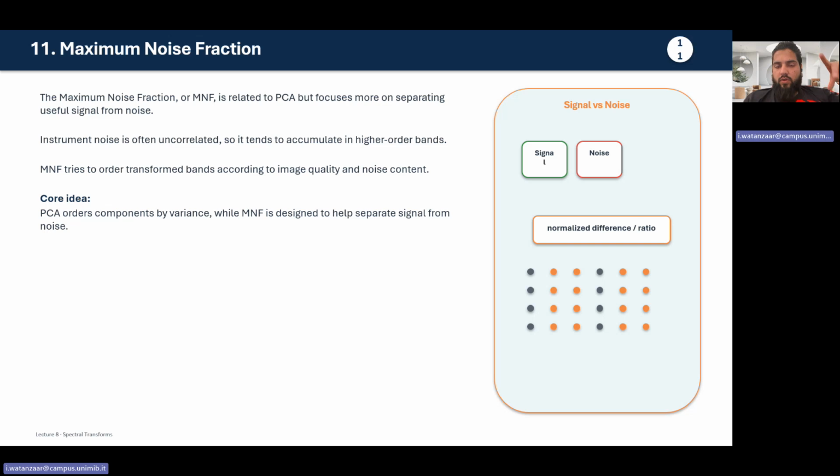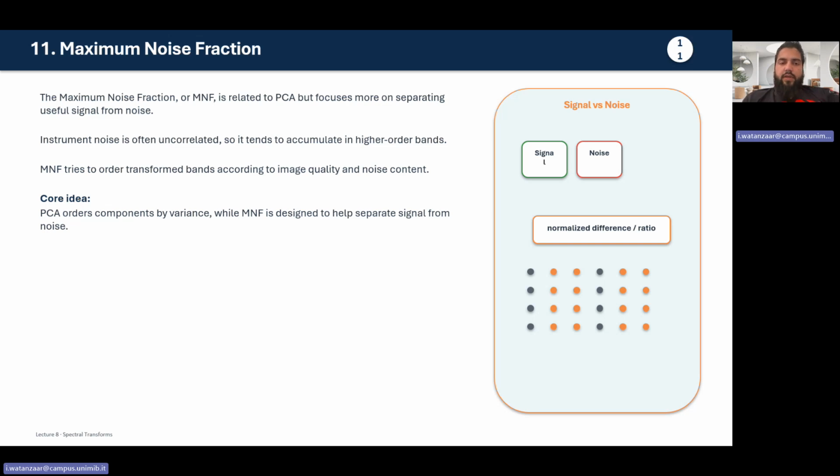It is not only trying to transform the bands according to image quality and noise content; it looks at both: the spectral response, not spatial, and how much noise a certain band has. According to that, the MNF is trying to set the components.